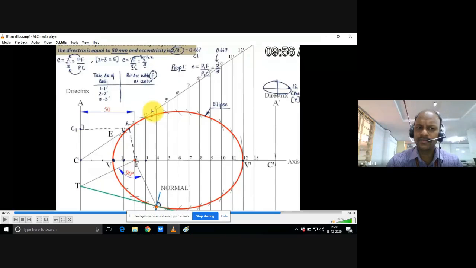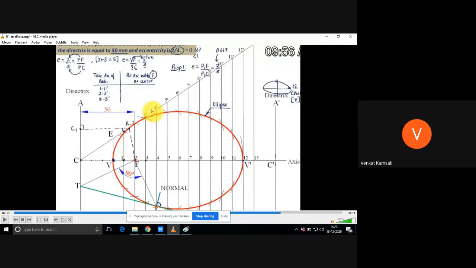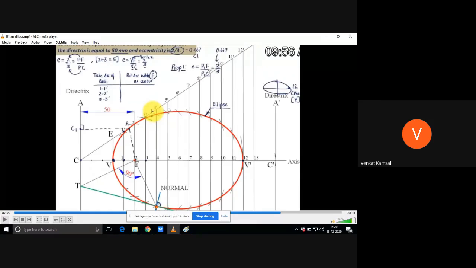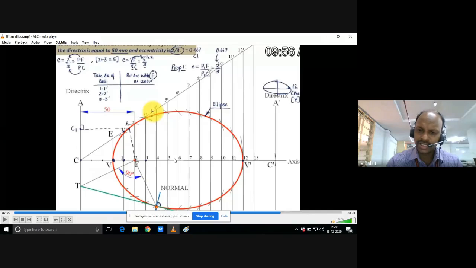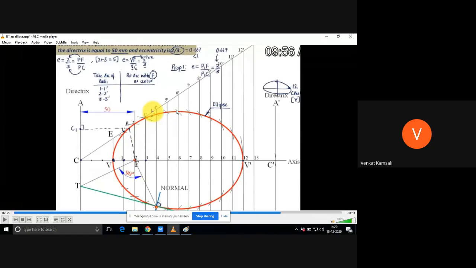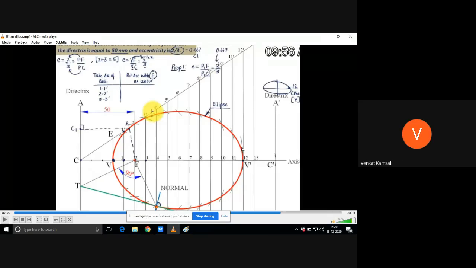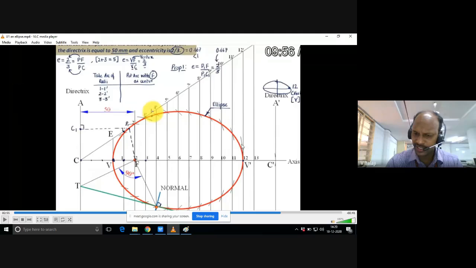Sir, if the point is on either side also? If it is on the other side of the axis, also the same procedure. I mean, if it is towards C dash, towards the C dash directrix, where the point is on that side, somewhere here you are saying, right?